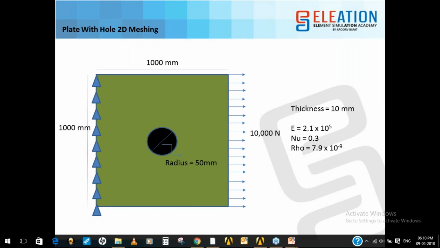At the end of this problem statement, let me clear one thing. What we will get to know after solving this and after seeing the results is this: we'll try to mesh this geometry by using different elements, like quad elements and tri elements, and we'll see how the results vary if the element size or the element shape is changed.